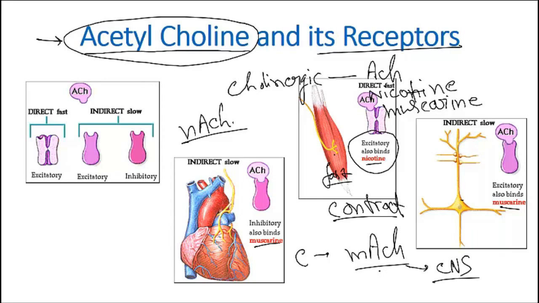Here is the difference between the two. We have a situation where acetylcholine can act directly, which is very fast activity, and another situation where acetylcholine can act indirectly, which is very slow activity. But the slow activity can be of two different types, excitatory or inhibitory, and those are required in the central nervous system sometimes to influence or sometimes to inhibit the response.